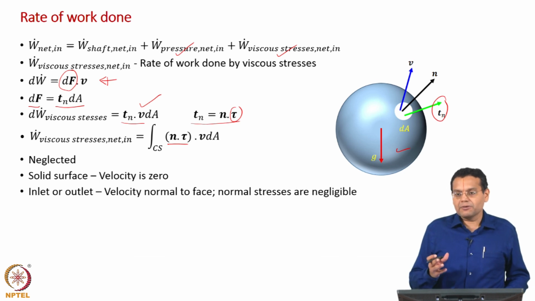They are in terms of the velocity gradients in the direction of flow, and so the normal stresses are usually negligible. So, there again we can neglect the contribution by the work done by viscous stresses.